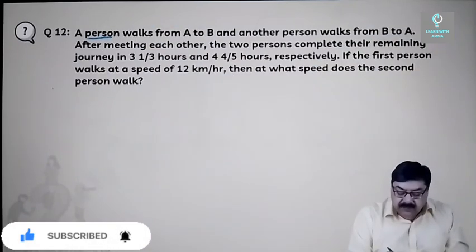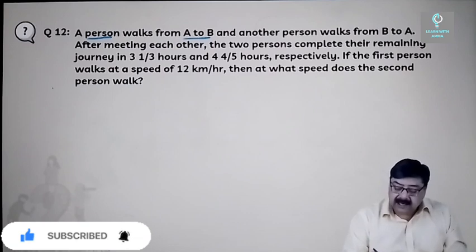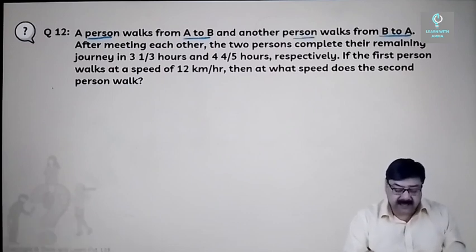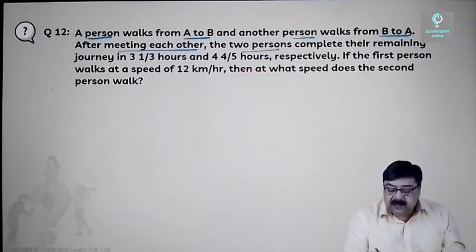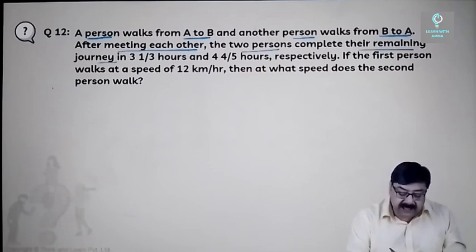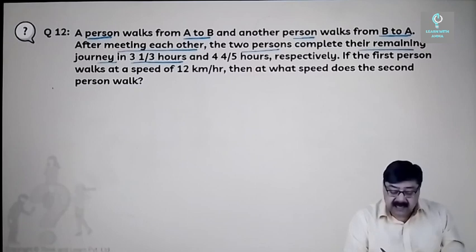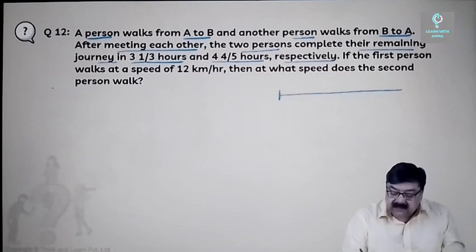A person walks from A to B and another person walks from B to A. After meeting each other, the two persons complete their remaining journey in 3 1/3 hours and 4 4/5 hours respectively. Now see, what is given here is, there are 2 points.